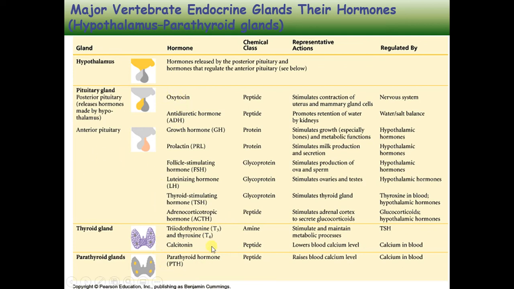All of these hormones here under the hormone column you can think of as primary messengers. Those are what's sent out in the blood to attach to a specific cell or cell type to get it to do something.